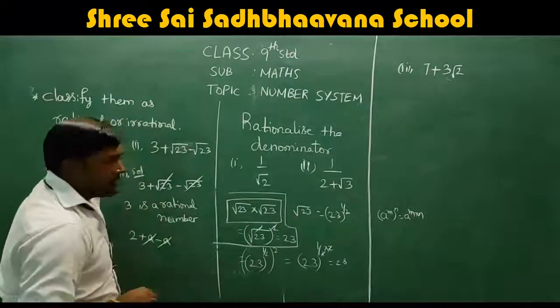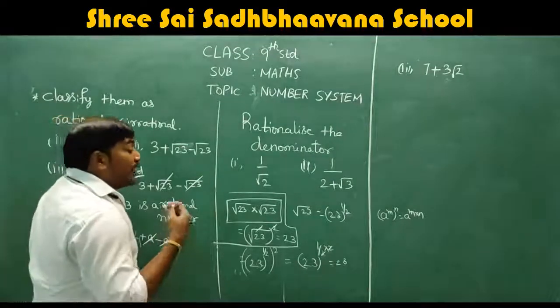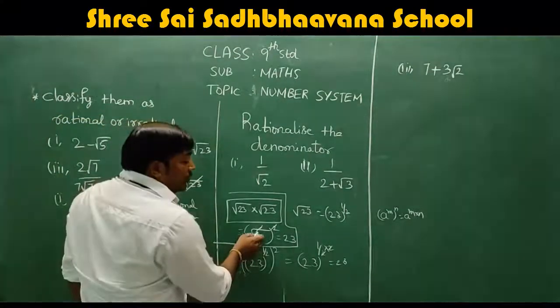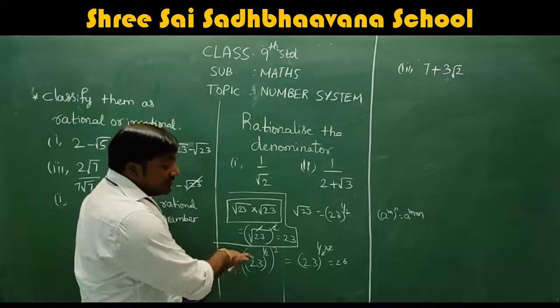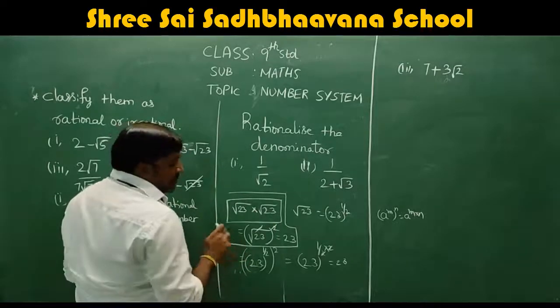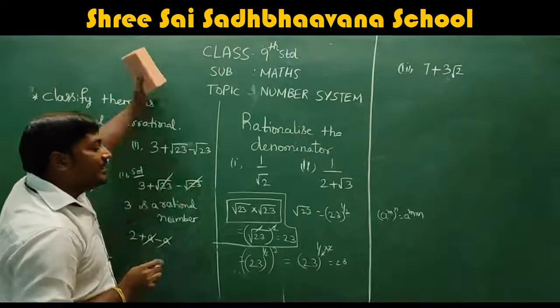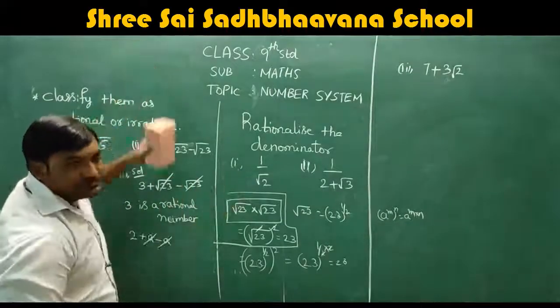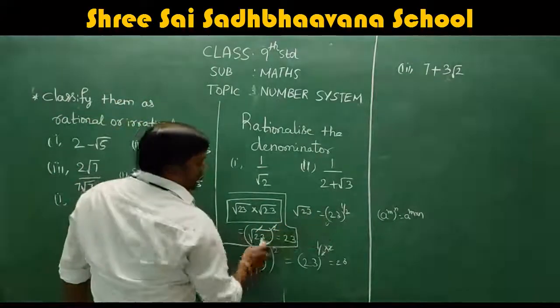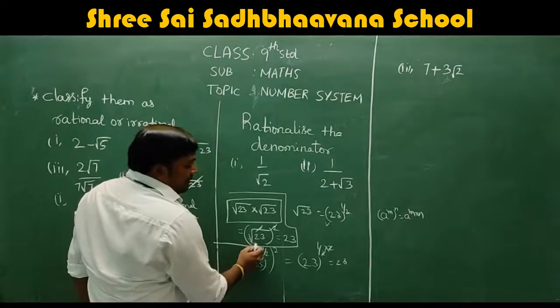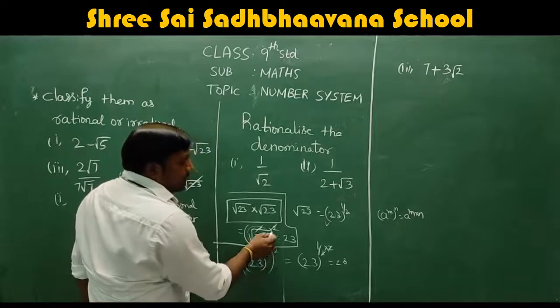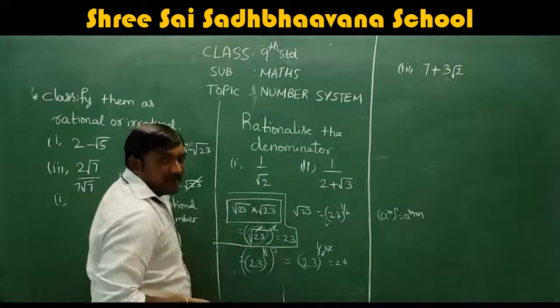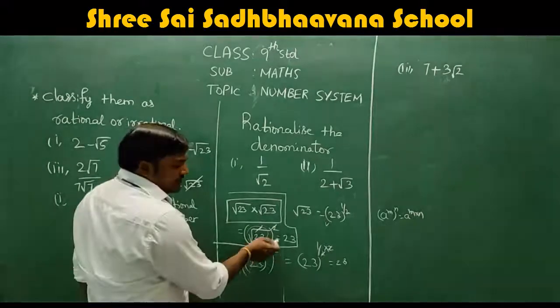This is actually the answer. So you might have a doubt how root and square will get cancelled. That is the clarification I am giving here. Root 23 can be written as 23 power 1 by 2. Correct? So in the place of root 23 I wrote 23 power 1 by 2. The square we retain.